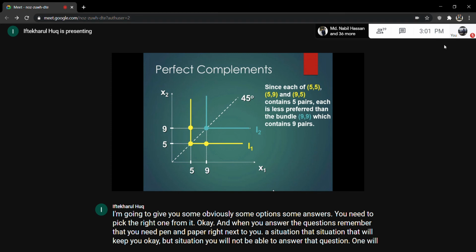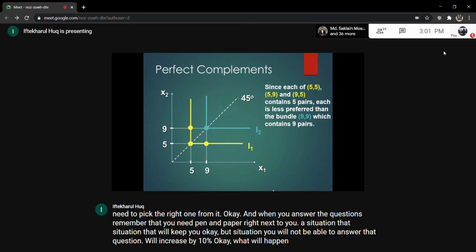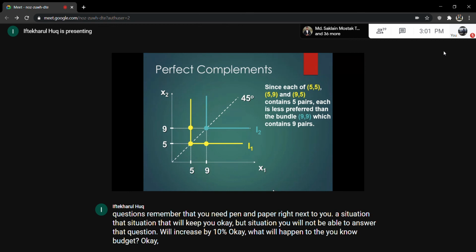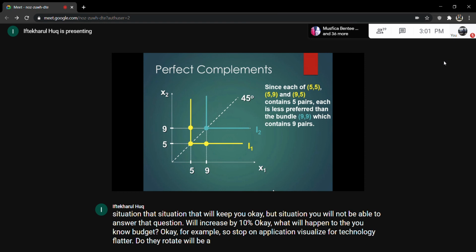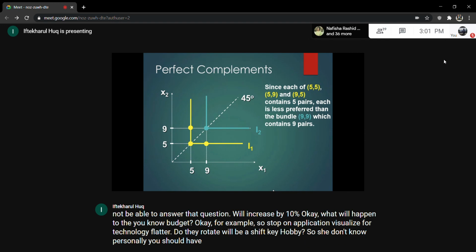Okay, what will happen to the budget line? Okay, for example. So তখন আপনি যদি জিনিসটা ভিজুয়ালাইজ করতে না পারেন, তাহলে আপনি বলতে পারবেন না will it be steeper, will it be flatter, will it rotate, will it be a shift, কি হবে. তো সেই জন্য প্রশ্নগুলো উত্তর দেওয়ার জন্য you should have pen and paper ready, so that আপনি প্রশ্নটা পড়ে খাতায় আঁকবেন, তারপর আপনি উত্তরটা দিবেন.